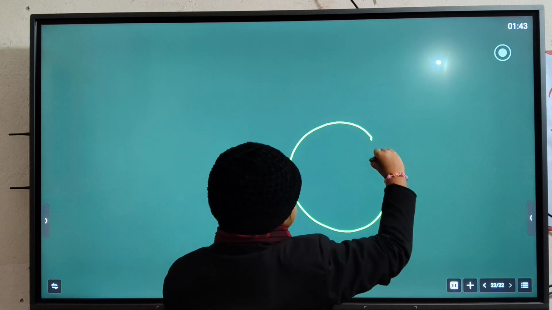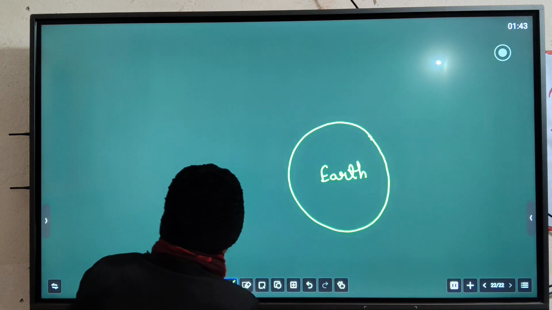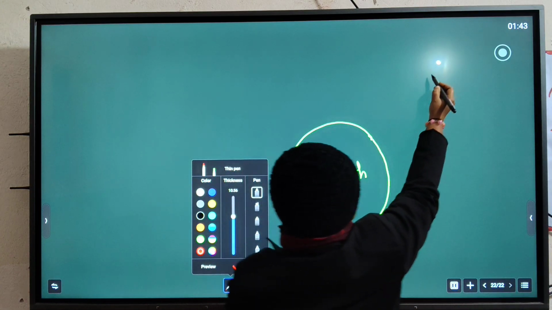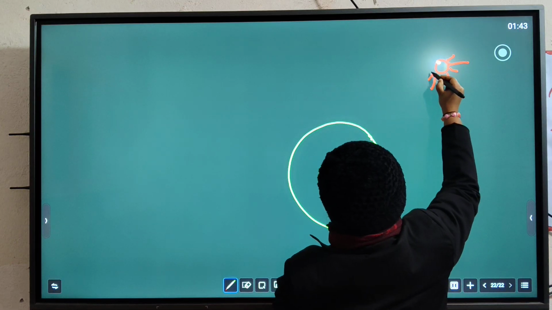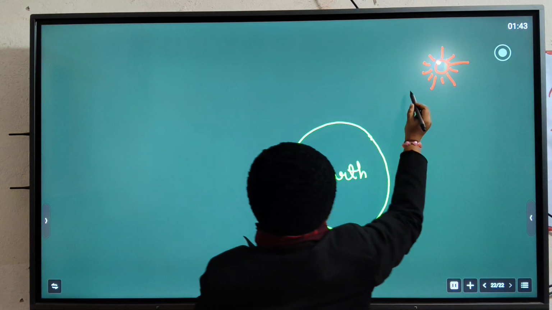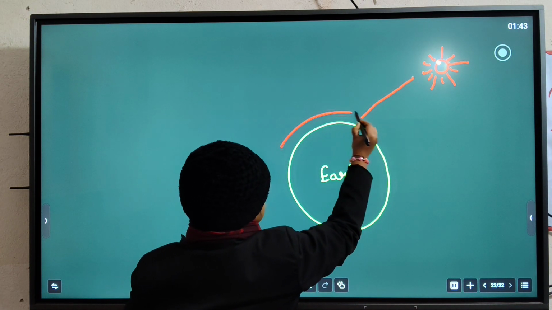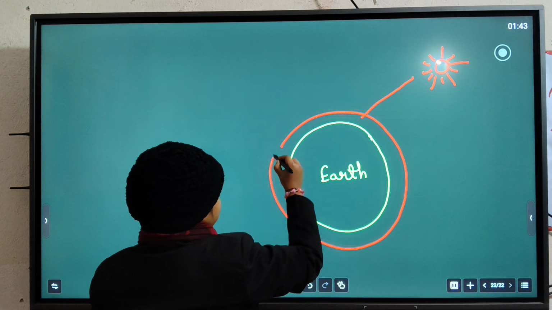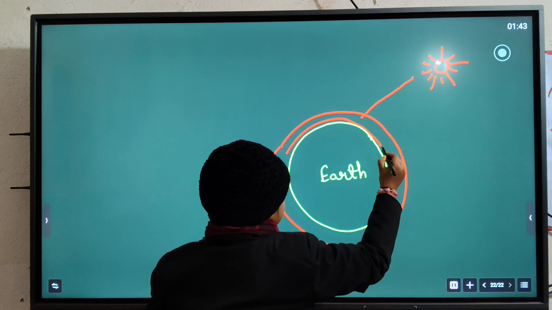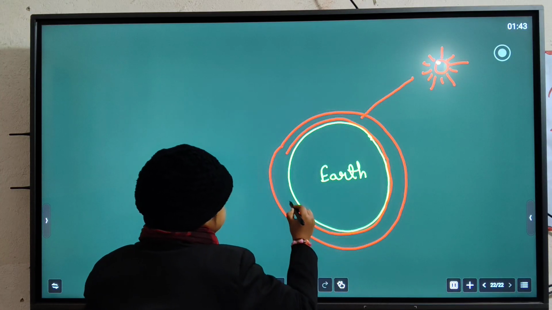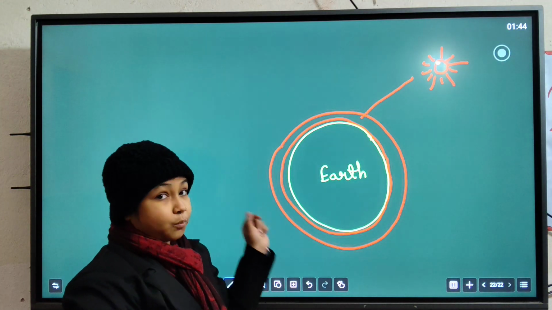This is the earth. In our earth's atmosphere, a layer is present that is known as the ozone layer.